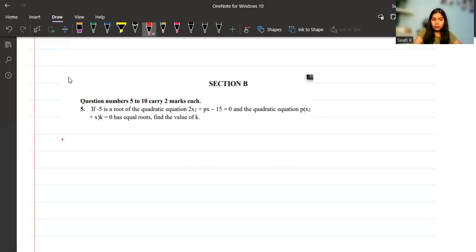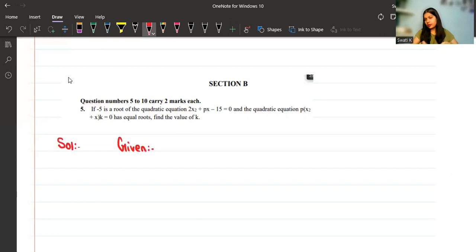What do we have to do? We will start with the first sentence, which is given. If -5 is the root of the quadratic equation. What is the quadratic equation given? Make sure when you are writing a board examination paper, you write every given information.